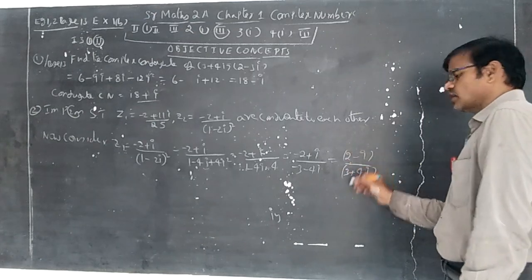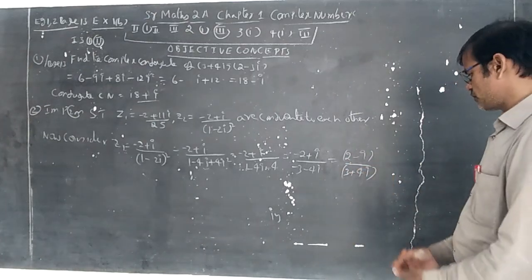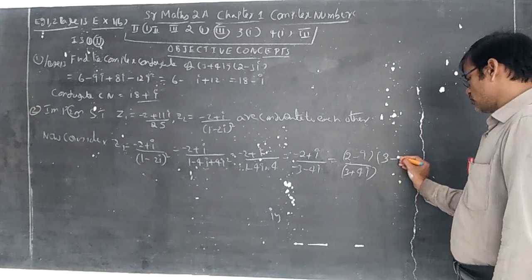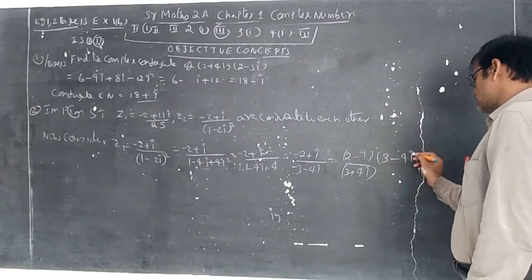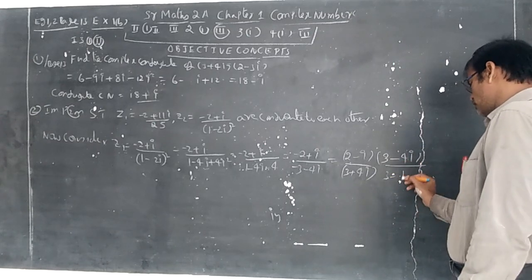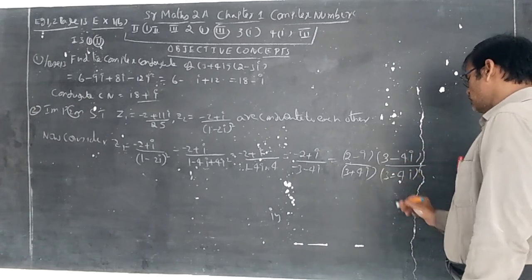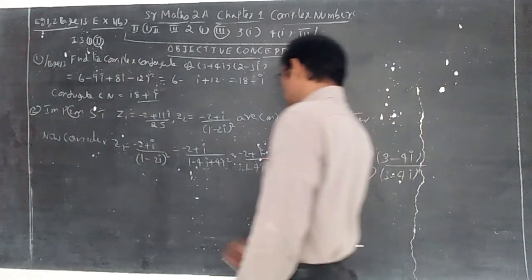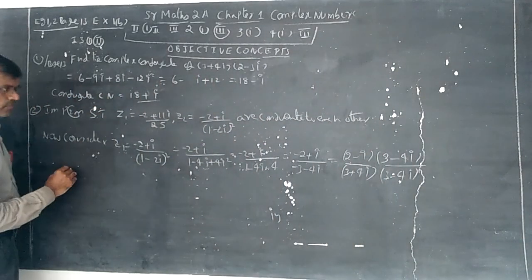Now to eliminate the complex number in the denominator, multiply with the conjugate complex number to numerator and denominator. This is 3 minus 4i by 3 minus 4i. Multiply and divide with the conjugate complex.